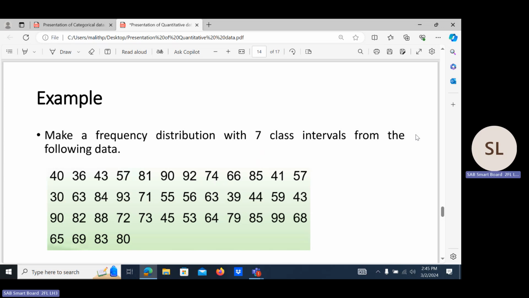In here, what is the lowest and the highest value? The lowest is 30. Highest value is 99.